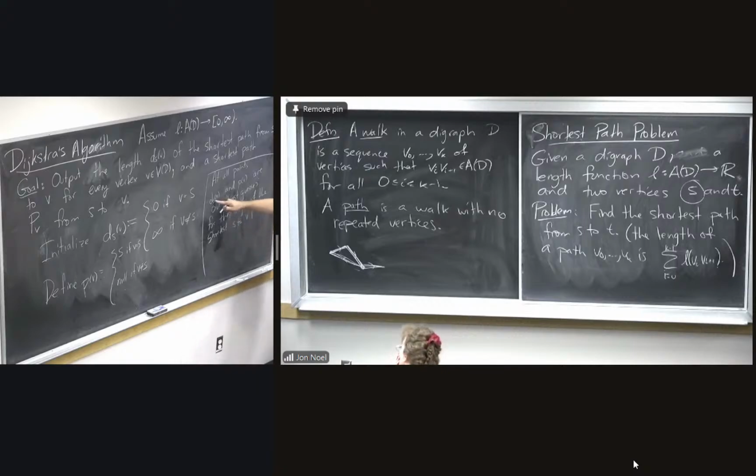So that's this one, and then p of v is the vertex that comes before v on that path.